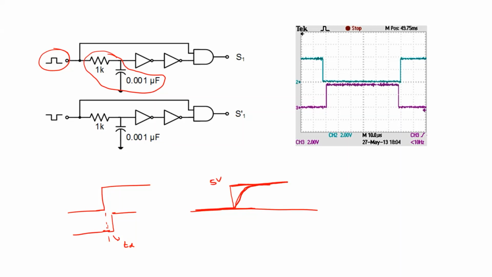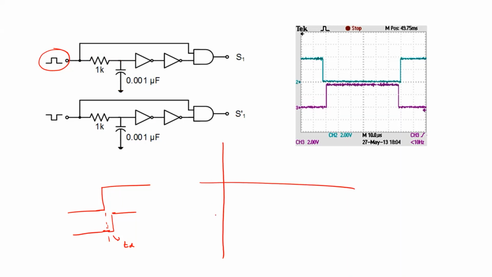Okay, so let's draw the waveforms. This waveform is delayed. Let us assume this is the original signal, and this is the delayed signal with RC.